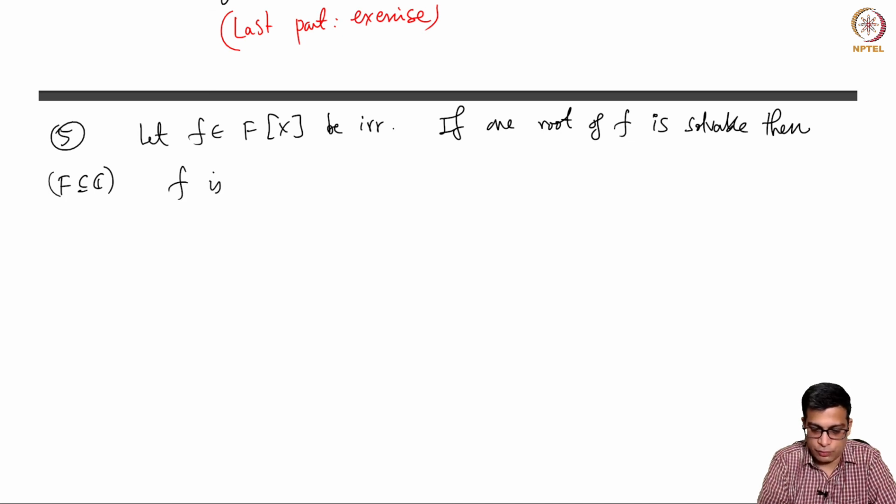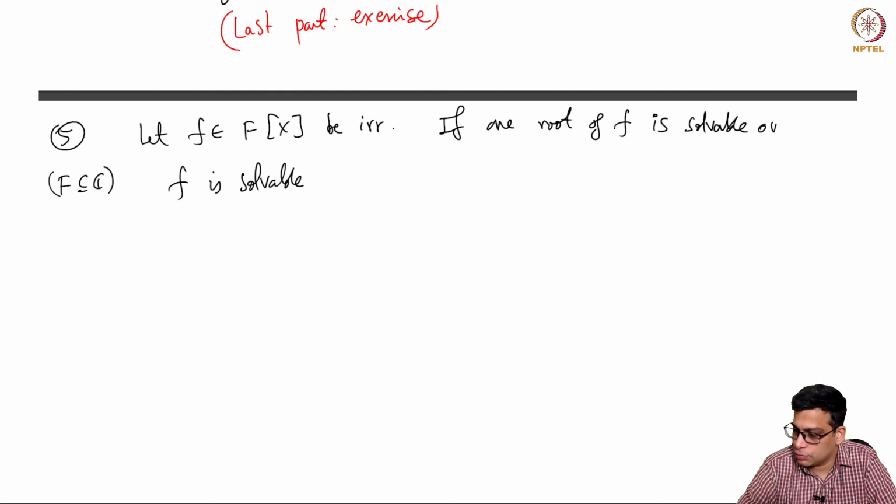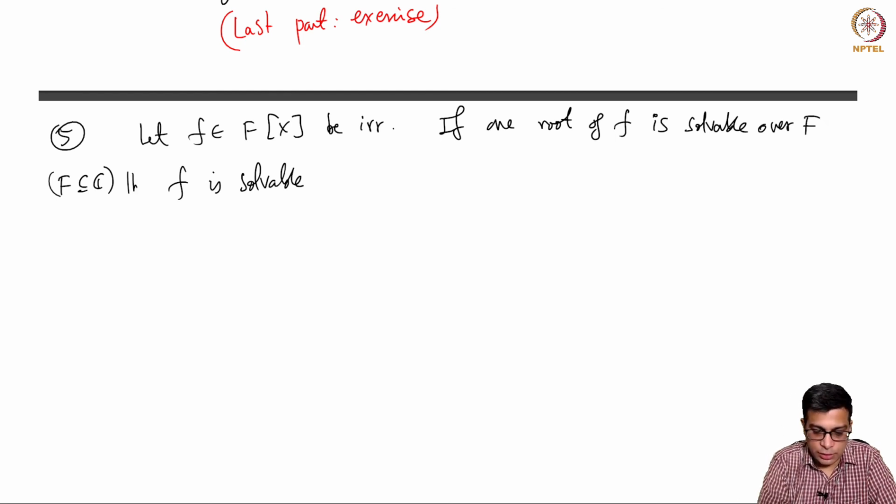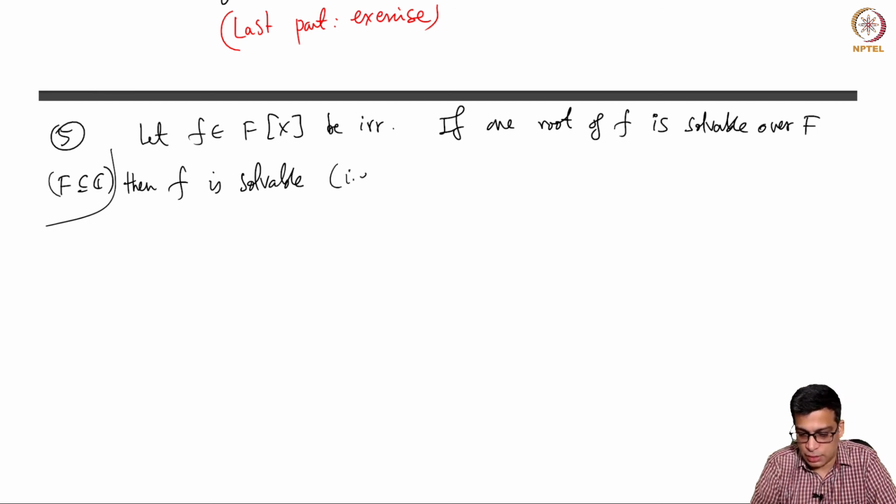Then f itself is solvable over F, of course. All f is solvable, that means all roots of f are solvable.